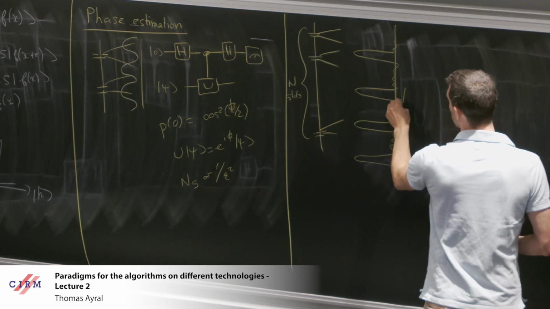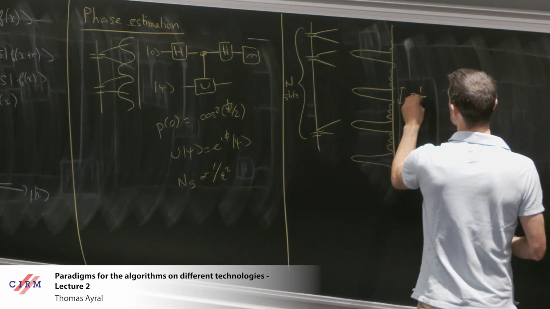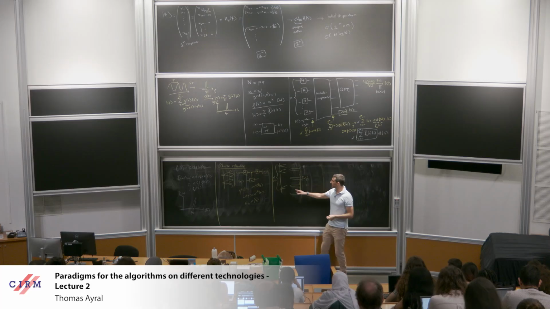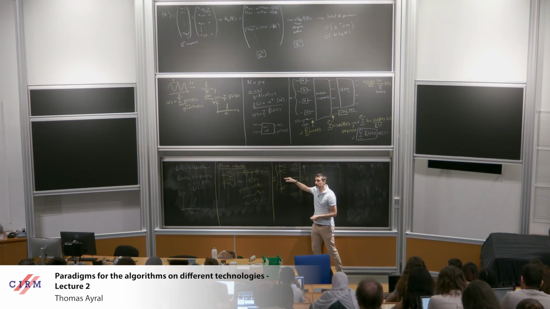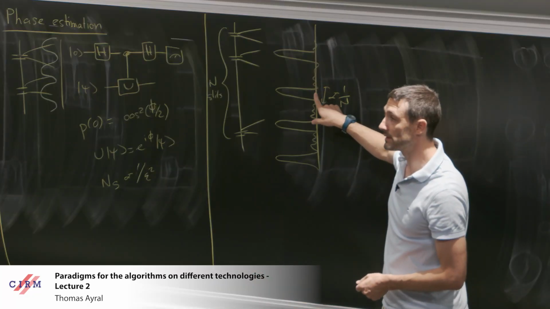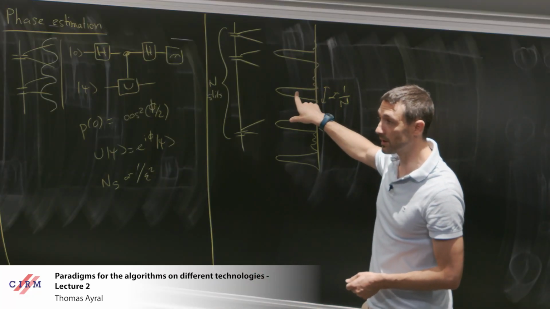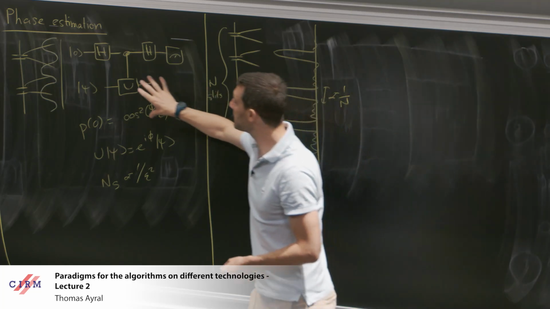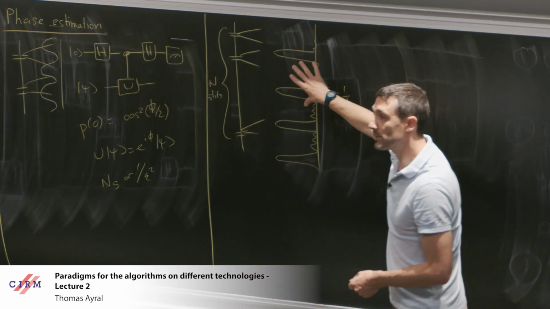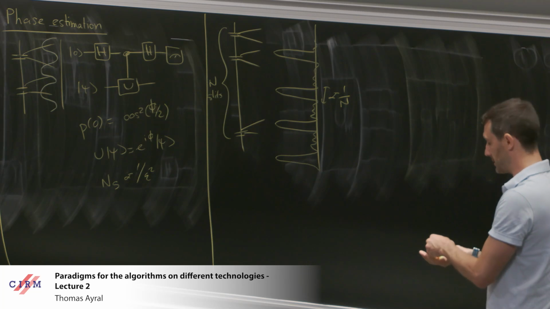And the width of the peak here is proportional to 1 over n. So in other words, if I have more slits, the width of the peak, and therefore the resolution I have on the determination of my phase, is much better. And this is essentially what phase estimation does. And exactly as here we did it with the quantum circuit, we can do this experiment with a quantum circuit as well.